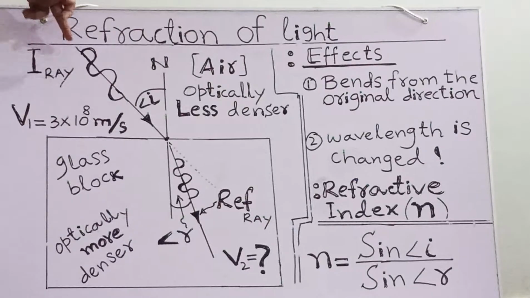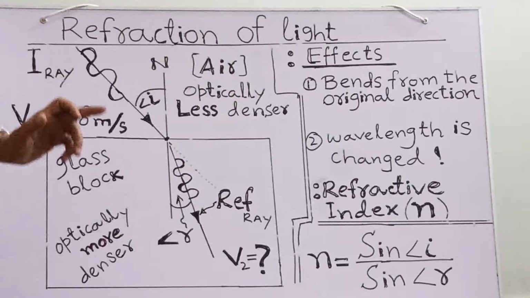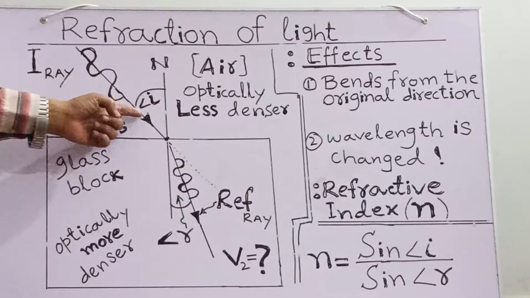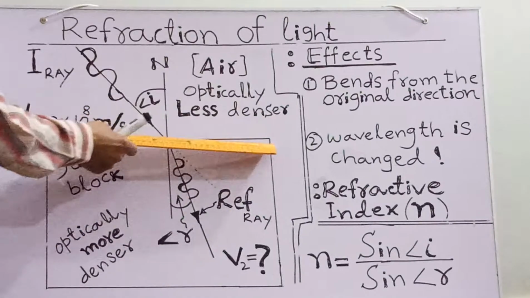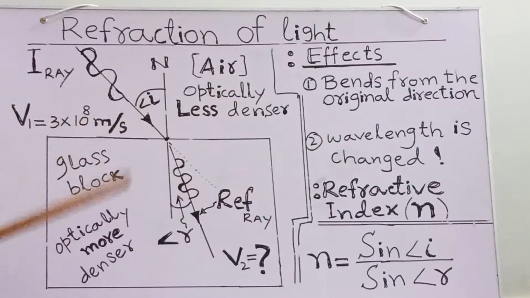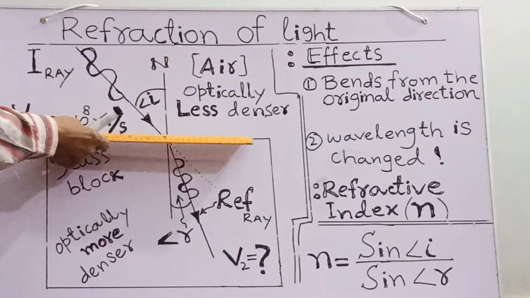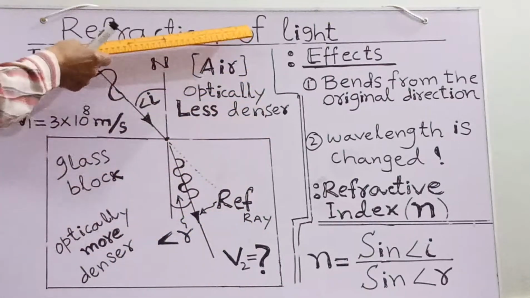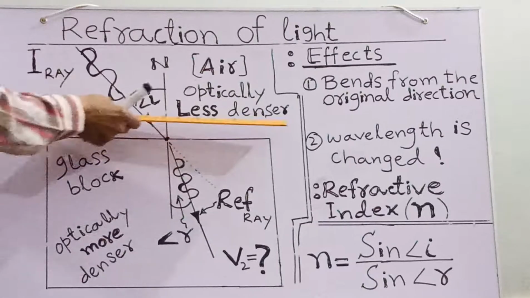Now this is the ray of light, or these are the light waves, and the light waves or the light ray falls at this point. This is the boundary of the two mediums. The glass is beginning over here and goes down, and the air is ending along this line.